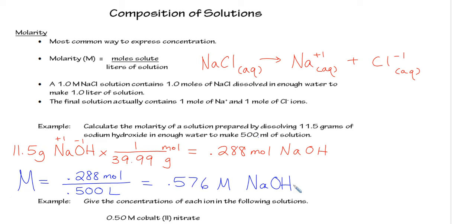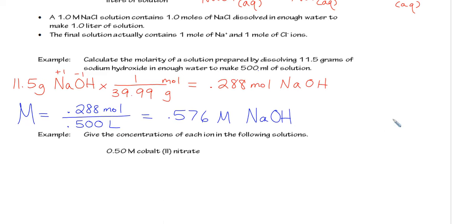This next one, I like this question too, because this kind of gets at the heart of what a solution is. Give the concentration of each ion in the following solutions. We'll just look at this cobalt nitrate solution. I need the formula for cobalt nitrate. Cobalt 2 nitrate. So this is cobalt plus 2. Nitrate is minus 1.